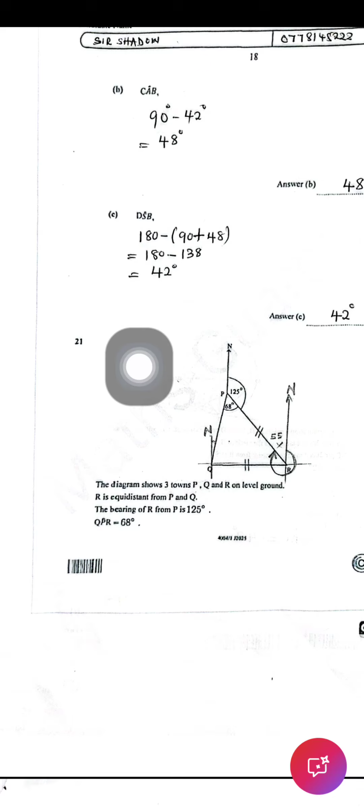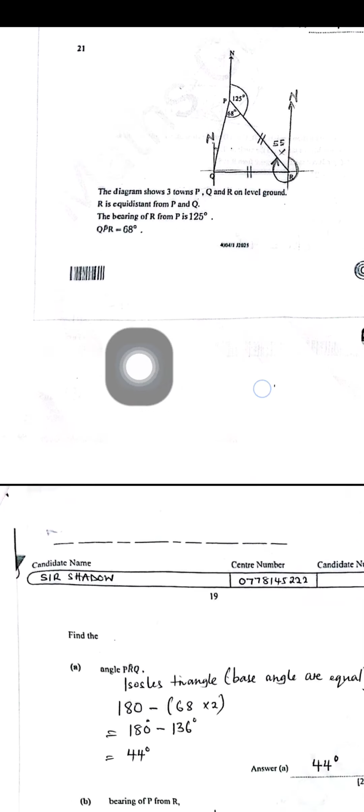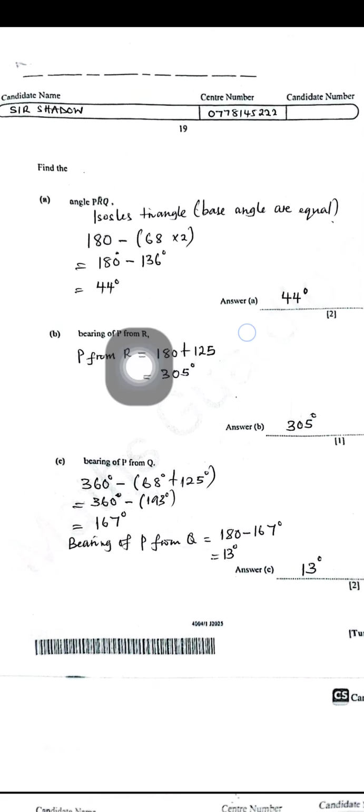So this angle right here is 167. These two angles are supplementary, so I say 180 minus 167, I get 13 degrees right here. So the bearing of P from Q is 13 degrees.